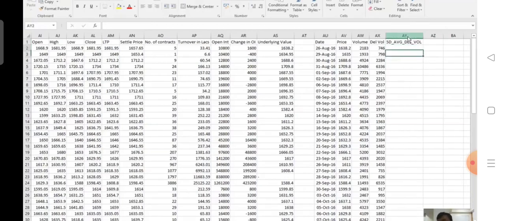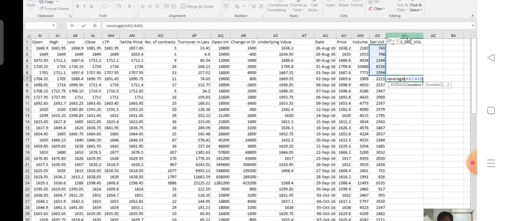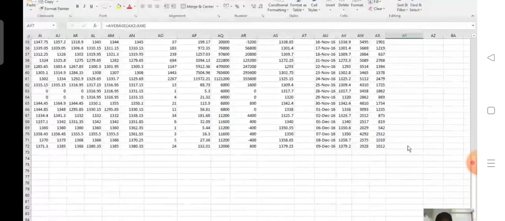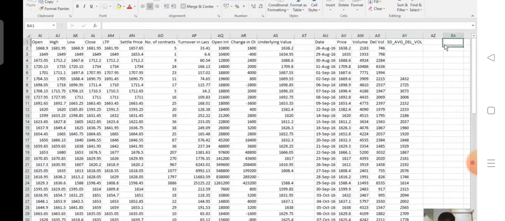So obviously for that I cannot start from here. I can only do average from here. And when you say 5-day average, it should be last 5 days average. Okay. This is last 5 days average volume of delivery volume. Okay.